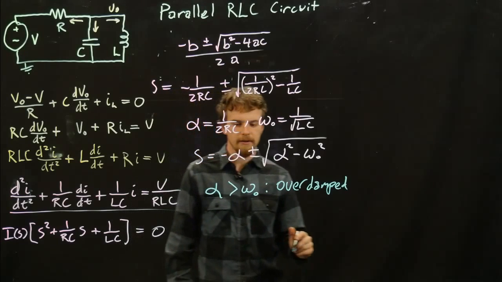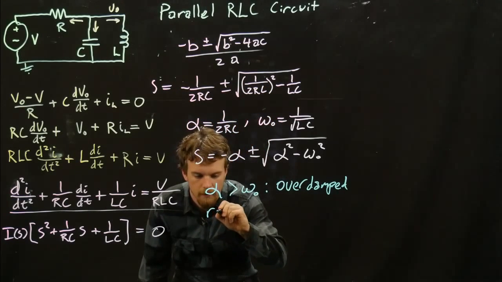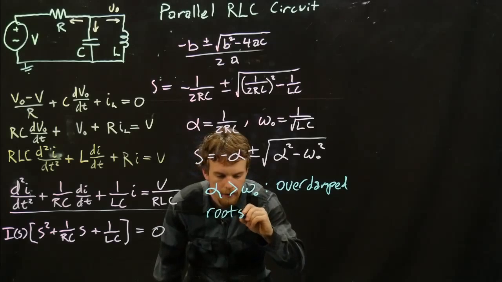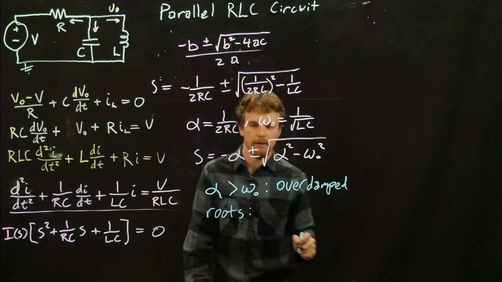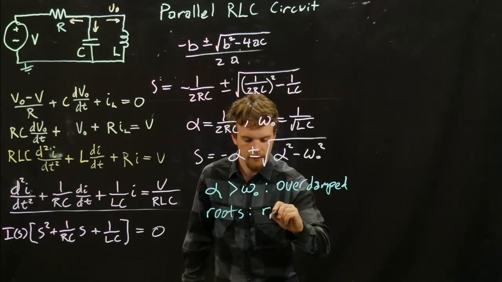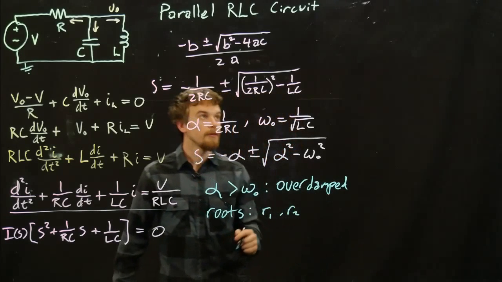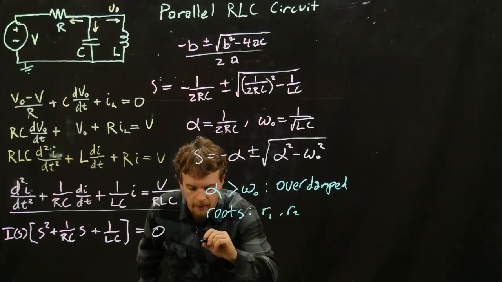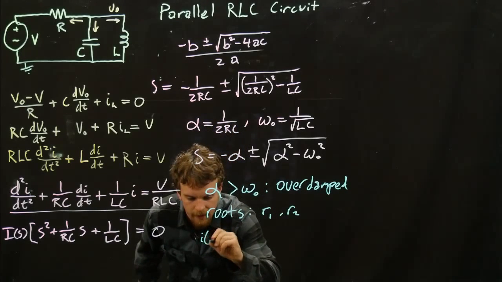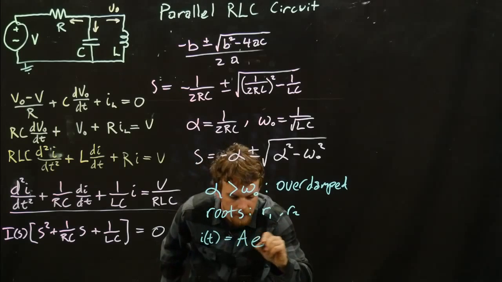So our response will have two roots, and we don't know what the values of the roots are going to be because we're working symbolically, but we'll call them R1 and R2. And like we said before, our behavior of i_T will be this.